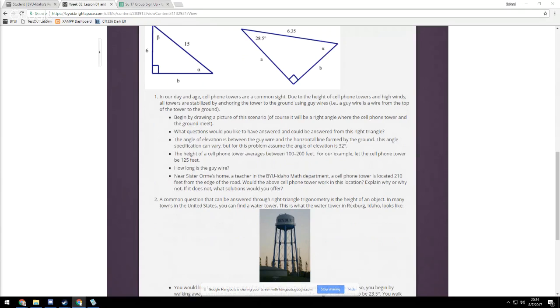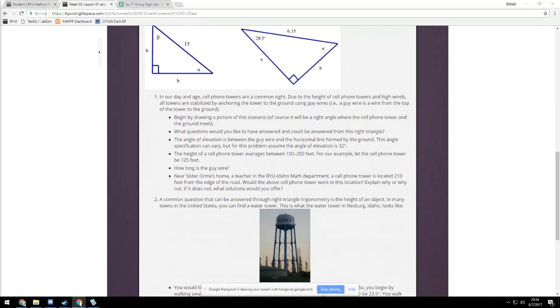So we need to get the hypotenuse by itself, our wire. And so to do that, you divide both sides by 125. And then you need to invert them so that the hypotenuse is a whole number.